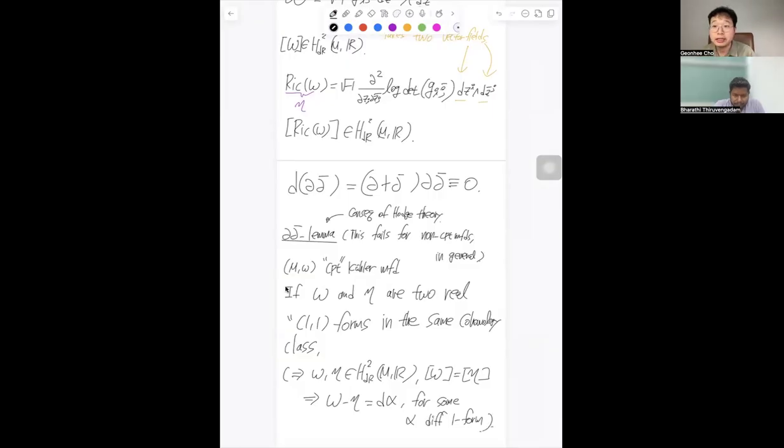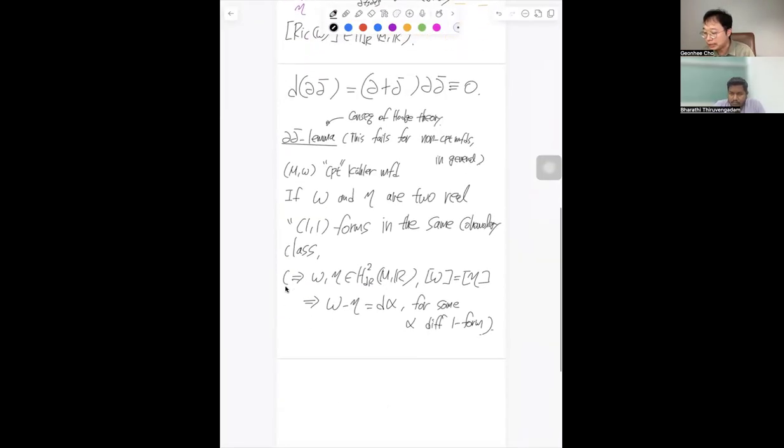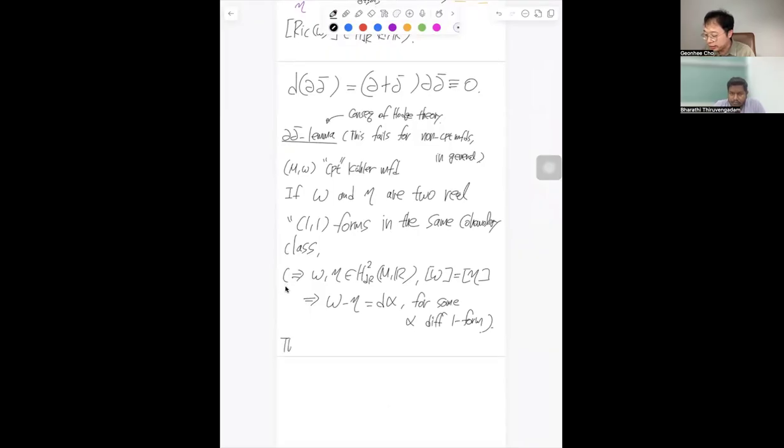This is definitely guaranteed because they belong to the same second de Rham cohomology class. So there must be a differential one-form whose exterior derivative d realizes this difference. That's just the definition. But this is not what the lemma says. Then we'd like to say there exists a real-valued function such that the difference is written as i∂∂̄ of it.